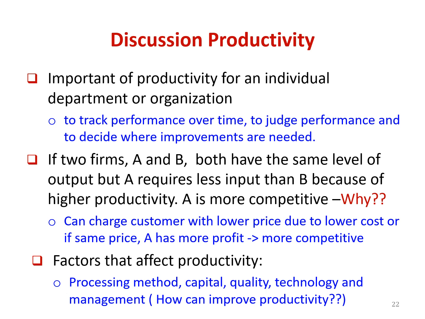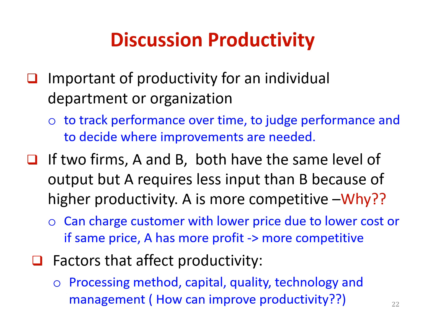However, A requires less resource, less input than B because of higher productivity. We would say A is more competitive. Why? Because A can charge customers a lower price due to the lower cost, or if they charge the same price, A gains more profit. Therefore A would be more competitive in the market, in the industry.